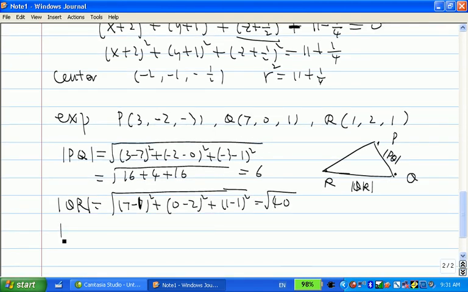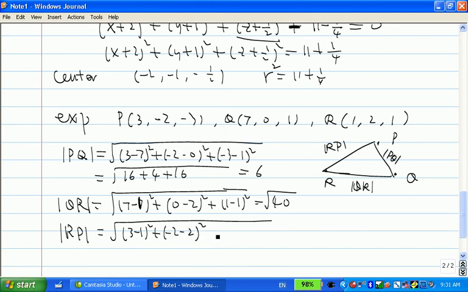Okay, now finally let's find the distance between R and P. R and P, square root, use the P point, 3 minus R minus 1 square plus minus 2 square plus minus 3 minus 1 square.